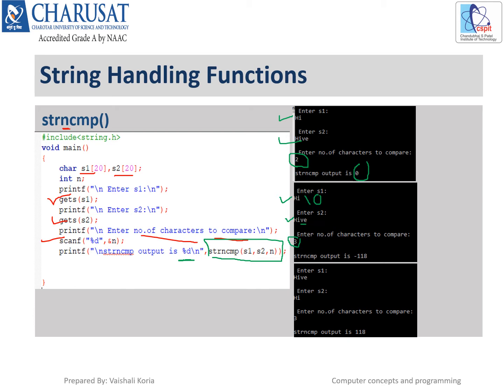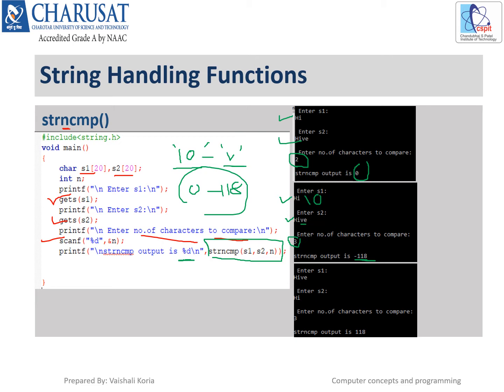It will return the ASCII difference of the first non-matching character. So it will return the ASCII value of null minus the ASCII value of V, right? The ASCII value of V is 118 and the ASCII value of null is 0. So it will return minus 118, the ASCII difference of the first non-matching character.